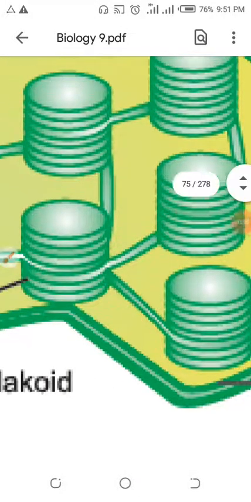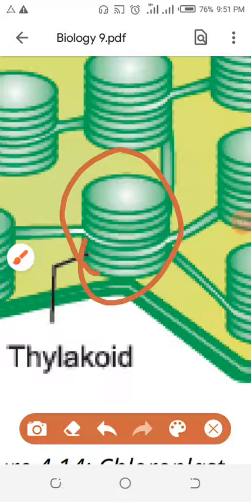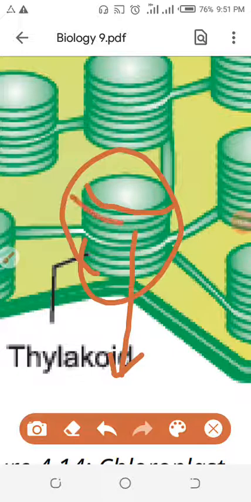Okay, students, look here. This network of plates is called a thylakoid membrane. This is one thylakoid membrane, this is another, this is a third, this is a fourth. Many thylakoid membranes collectively at one area are called a granum.